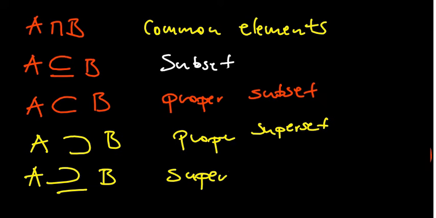A superset is a set that is made up of another set. If another set is part of a set, that set is called a superset. If you again draw a line across it, it implies it is not a superset. I did talk about other symbols like this, which is an empty set.